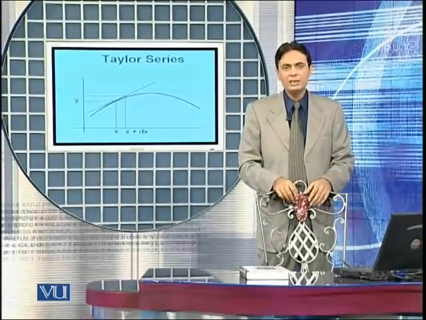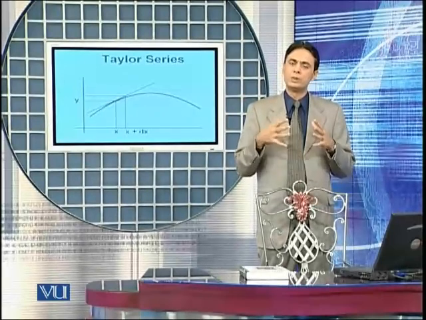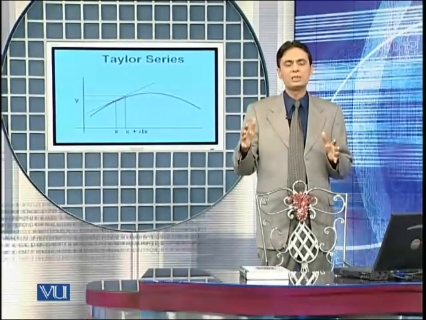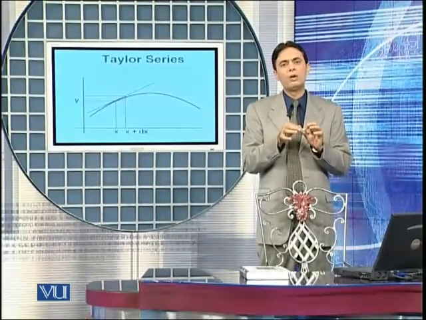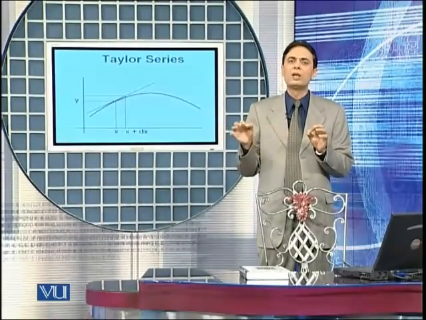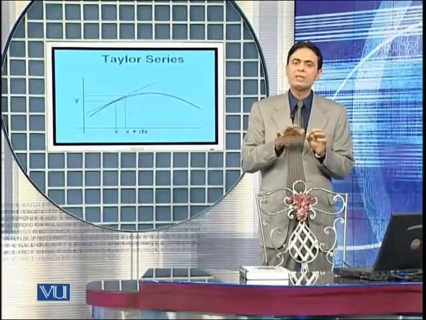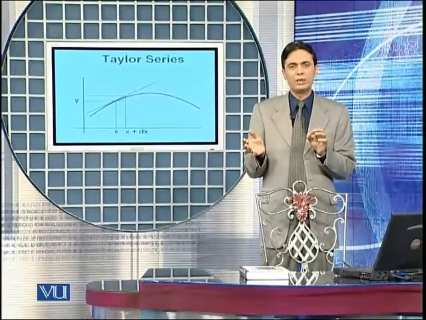And we can extend this idea to two-dimensional surfaces, where if we are going along one coordinate axis, we will take the partial derivative with respect to that coordinate axis.